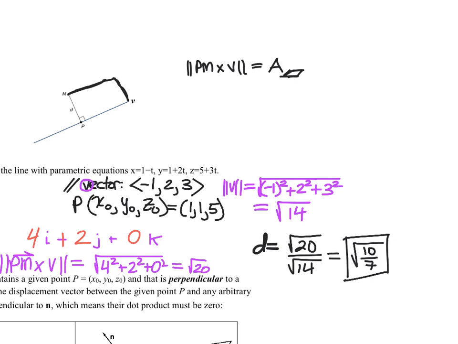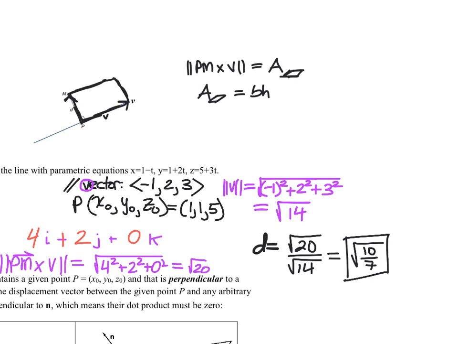All right, so PM crossed with V, so the magnitude of V, here's V itself, this piece. Because all of our vectors are displacement vectors, they're going to be pinned at the origin. The area of a parallelogram is base times height.